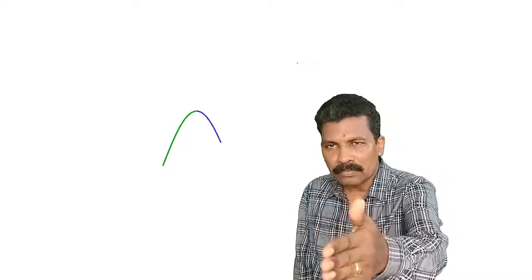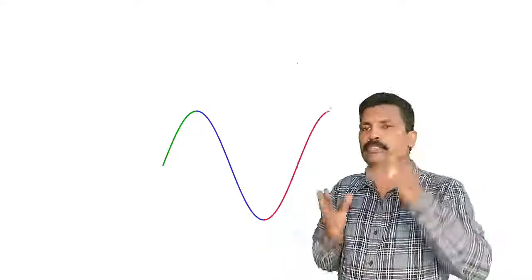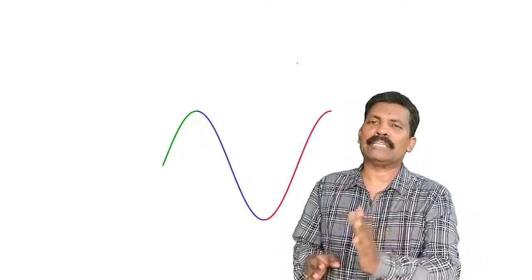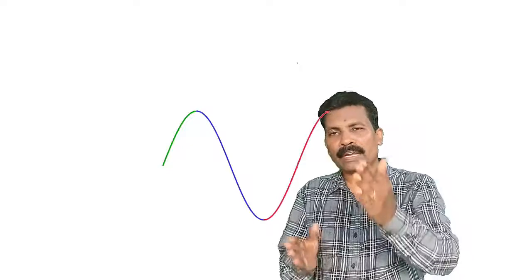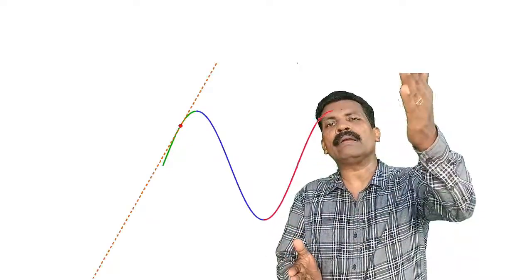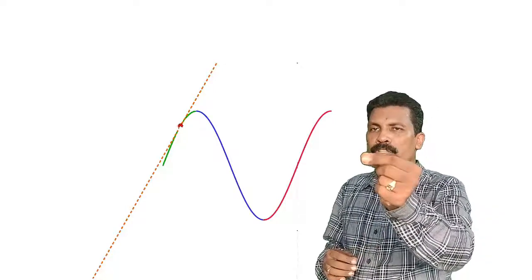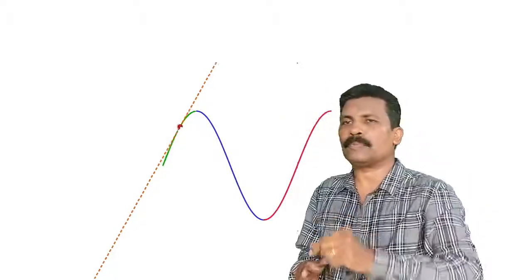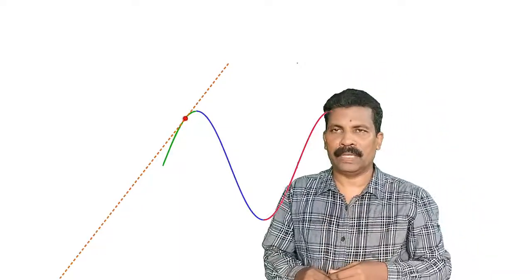Let us consider the graph of a function which is going up, then coming down, then again going up like this. The green portion alone is going up. The blue colored portion is going down, whereas the red colored portion is going up. Now you can see at every point on the green colored portion, the tangent has a positive slope like this.